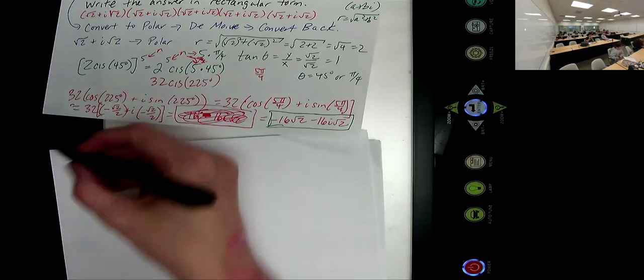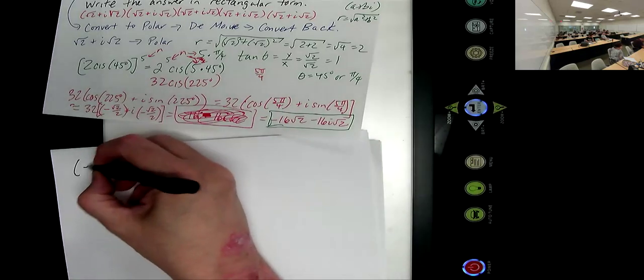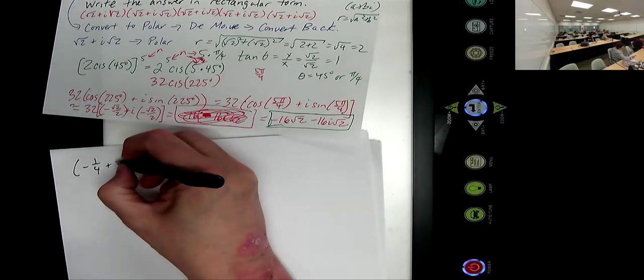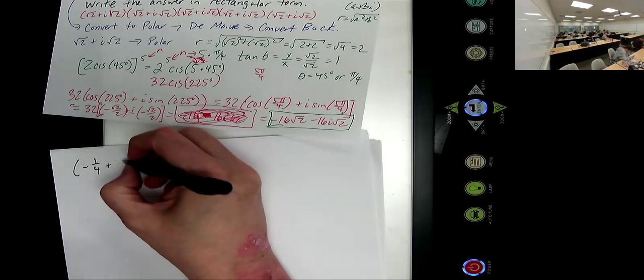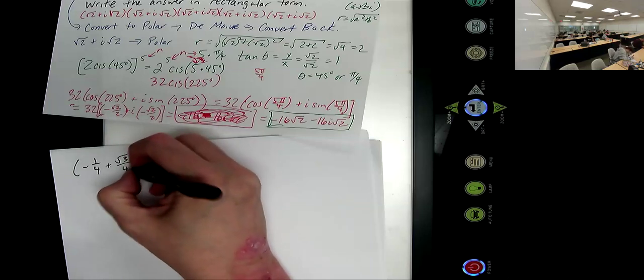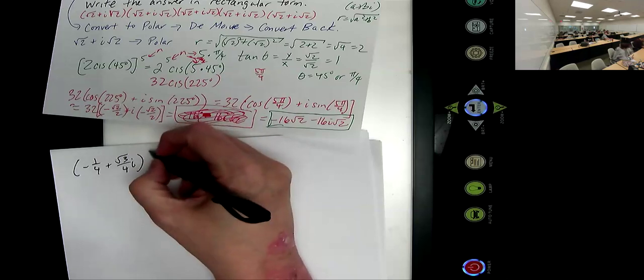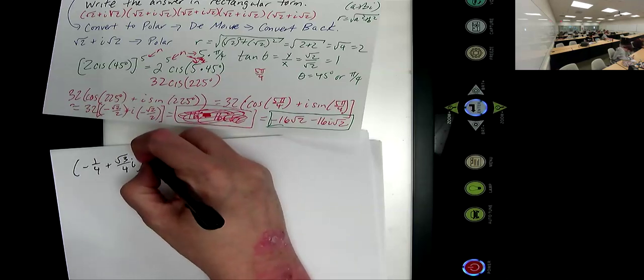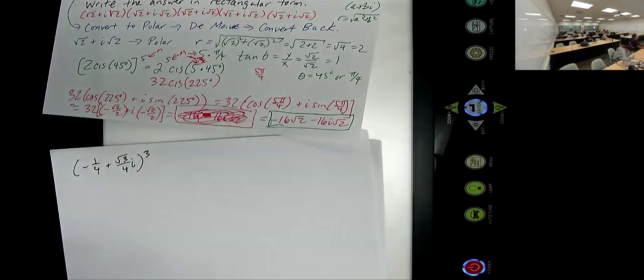Alright, now you guys try. We're going to have negative 1/4 plus square root of 3 over 4 i. And let's raise this to, I'll be merciful, the third power.